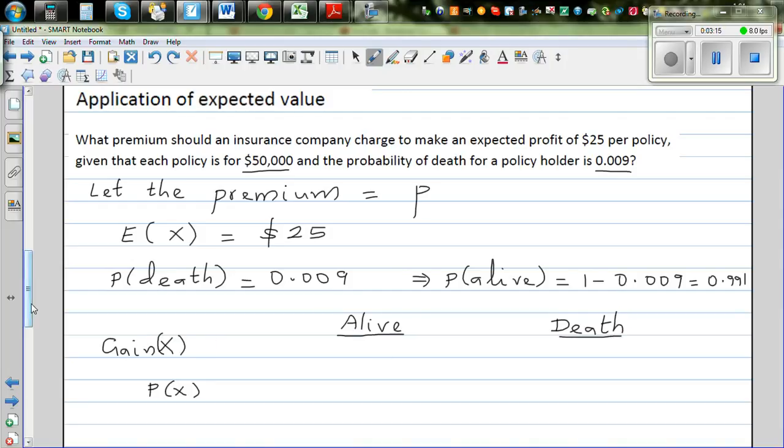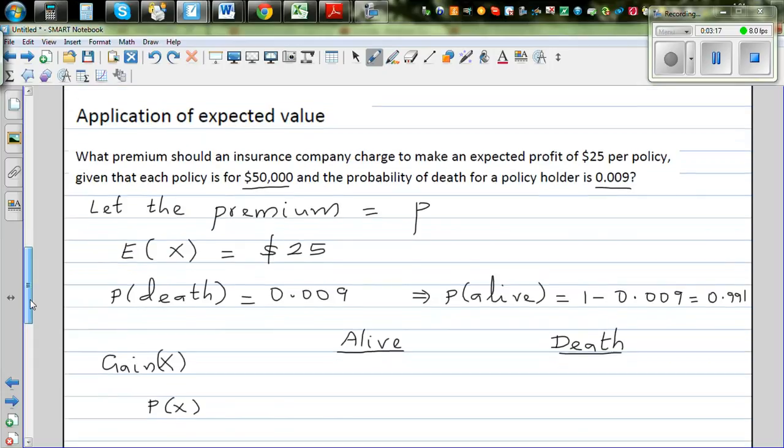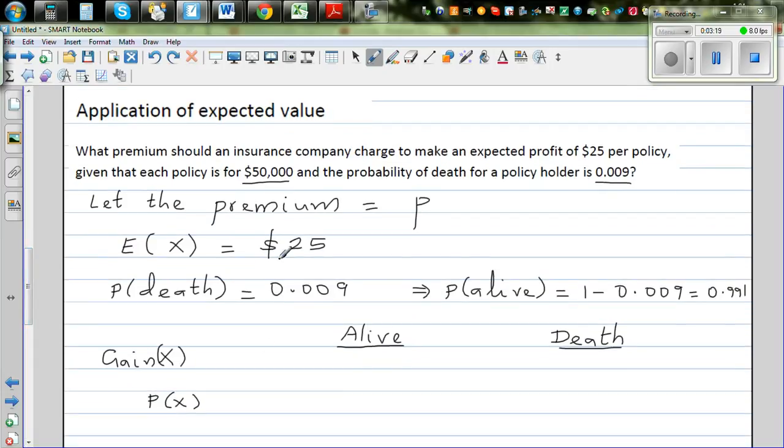If the policyholder is alive, the gain the insurance company has would be the premium P, and the respective probability of that happening is 0.991.